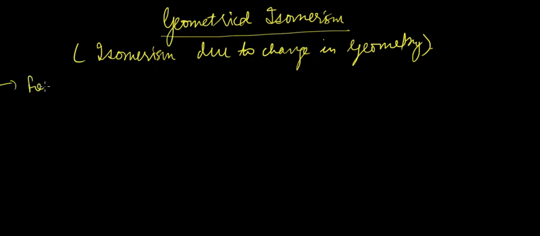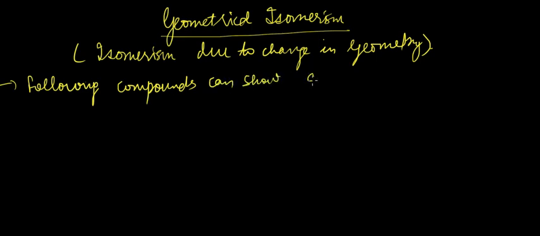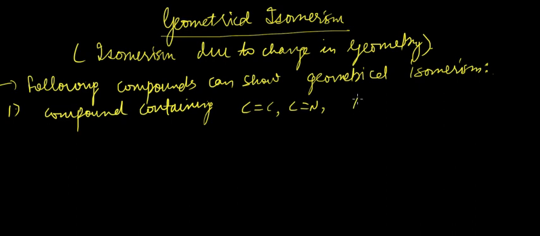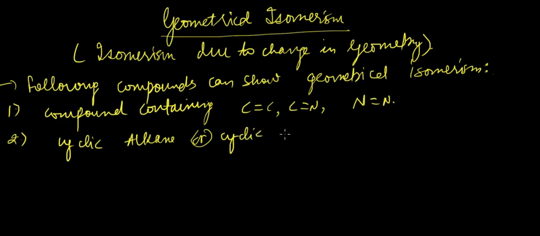Okay, so let me list down the following compounds which can show geometrical isomerism. First is a compound containing a double bond between different atoms, second, cyclic alkanes or cyclic alkenes.